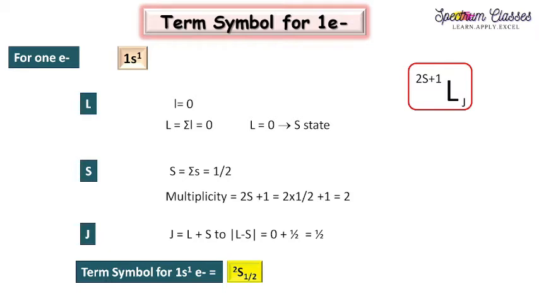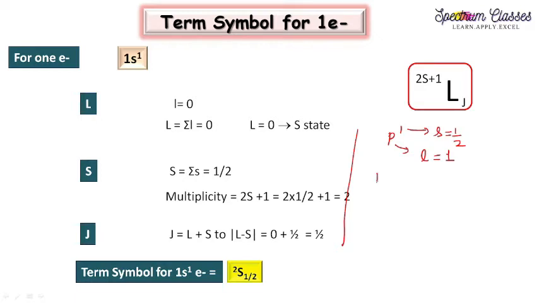Now I'll just take one more example. Suppose I am having P1, right? So for P, what is our L? L is equal to 1. For this one electron, small s is equal to 1 by 2.